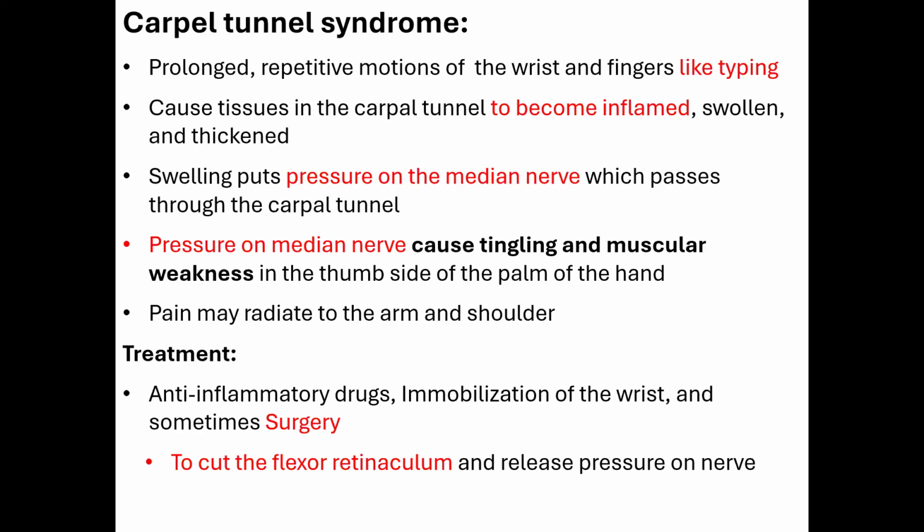And you have to remember, they're passing through a tight space. The space is between the wrist bones and that bracelet. That bracelet is called the flexor retinaculum. Okay? So when the tendons become inflamed, what's the first sign of inflammation?